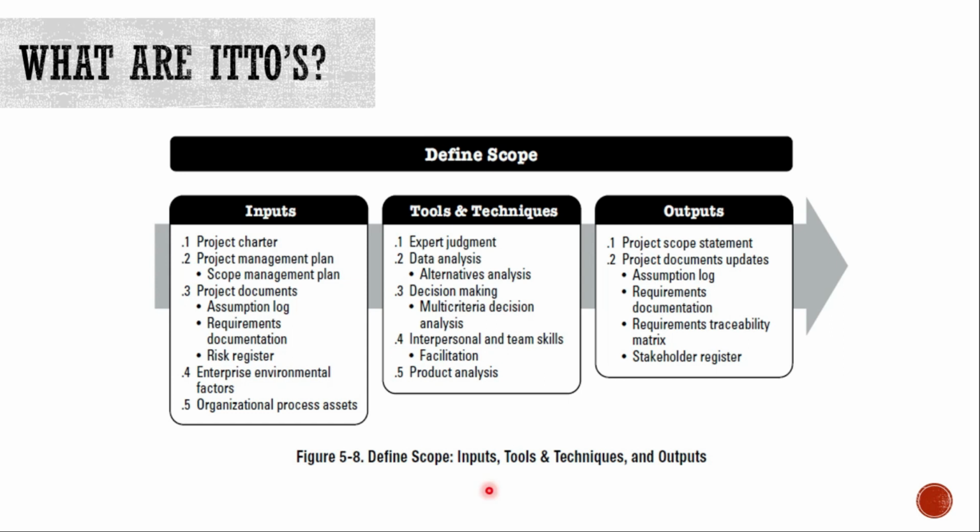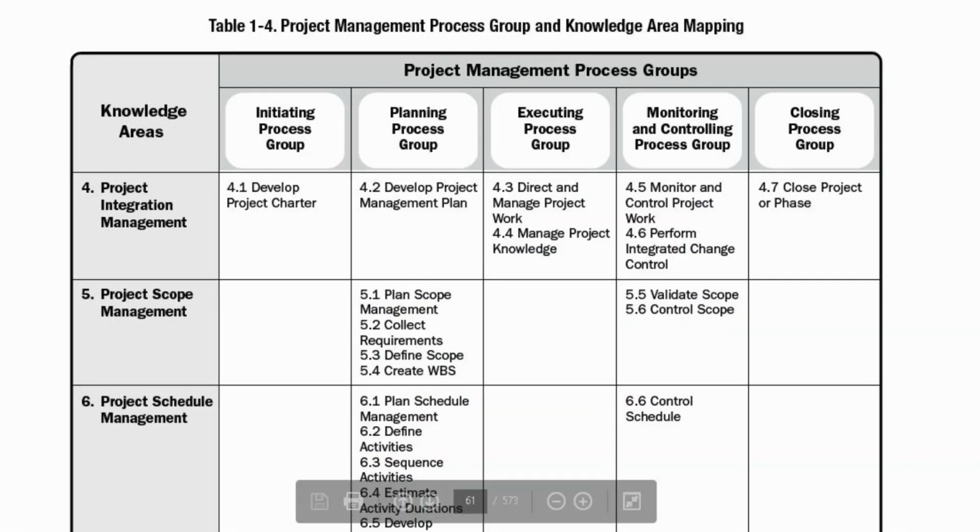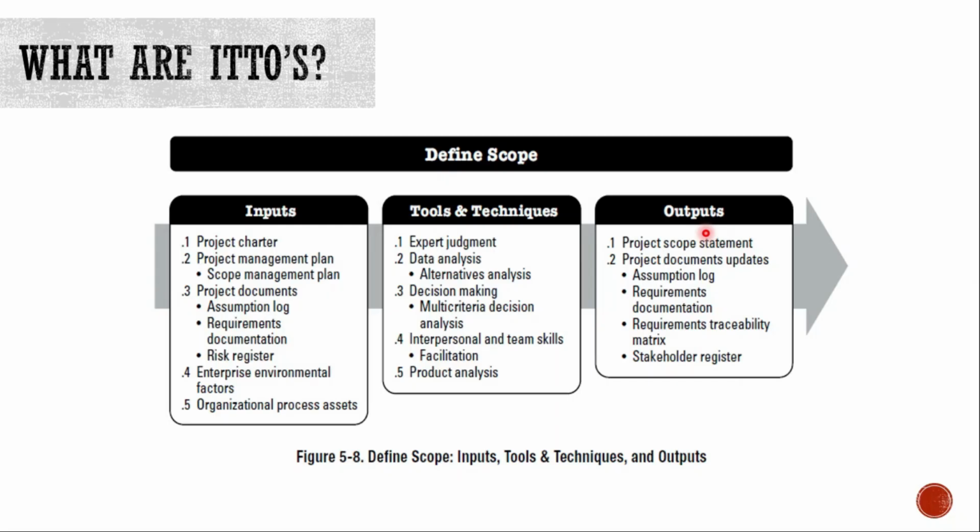Now, if you are someone who is hearing the term ITTOs for the first time, let me quickly explain what ITTO means. ITTOs are inputs, tools and techniques, and outputs. For each of the 49 processes of the PMBOK, which you see in table 4.1 of PMBOK Edition 6, you will see that all the processes have some inputs, some tools and techniques, and some outputs.